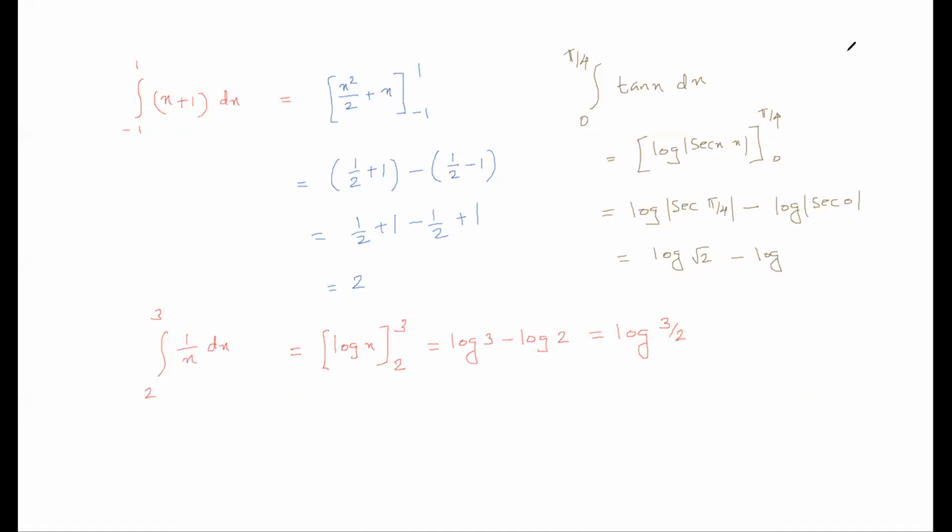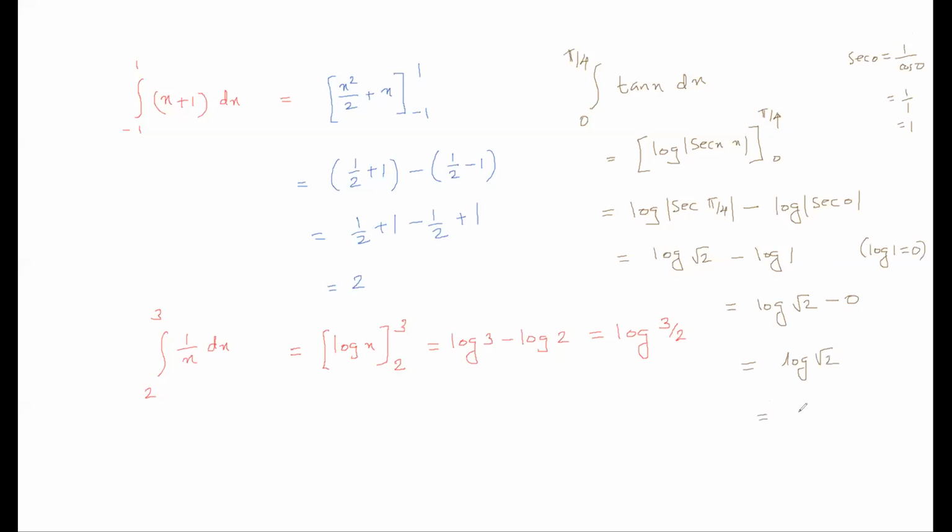Secant 0 is 1 by cos 0, which is 1 by 1, which is 1. So log 1, but log 1 is 0, because the logarithm of 1 is equal to 0. So it is log root 2 minus 0. So log root 2, that's the answer.